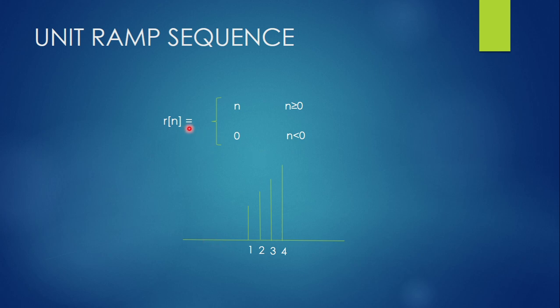So mathematically, the unit ramp sequence is represented as r(n) is equal to n for n equal to 0 and more. N is 0, this is 0. N is 1, this is 1. N is 2, this is 2. N is 3, this is 3. For any negative values, this is 0. This is known as the unit ramp sequence.